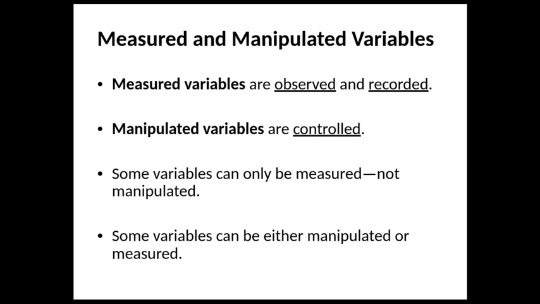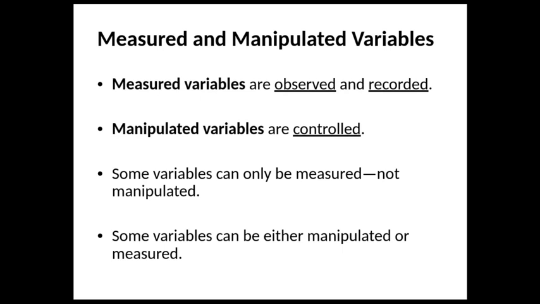An example of a measured variable: how many matrices are solved, whether cheating or not cheating, right? Overall, don't worry about the condition of cheating or not cheating. Just how many matrices are solved, how many questions you get right on an exam, how many times a person smiles in a conversation. Whatever you're measuring and recording, whatever that number is, that's your measured variable.